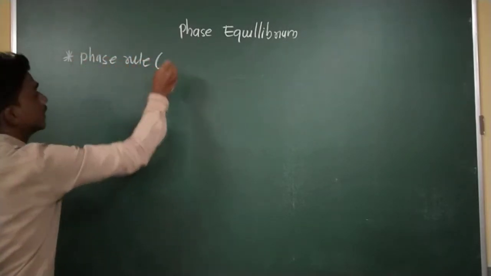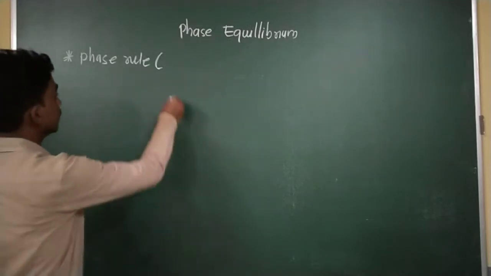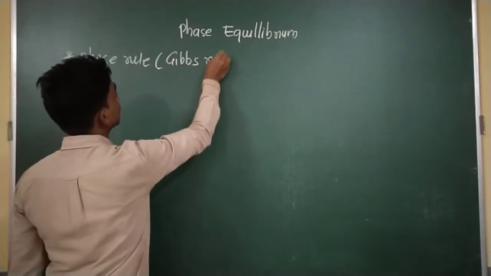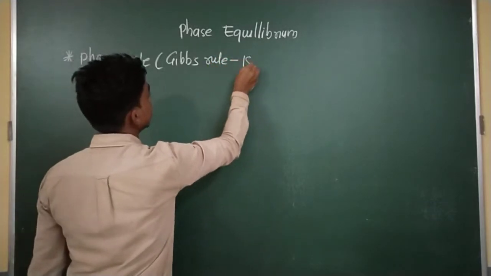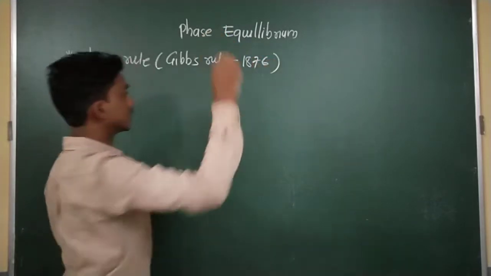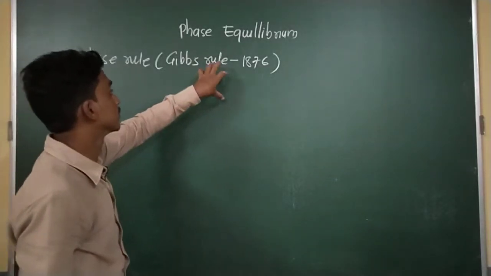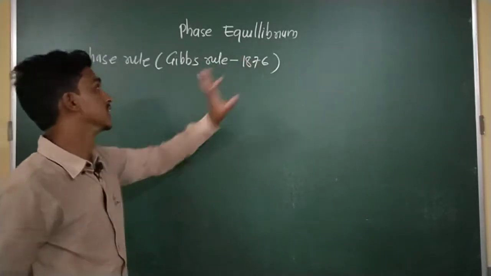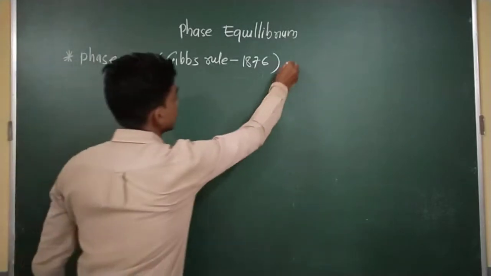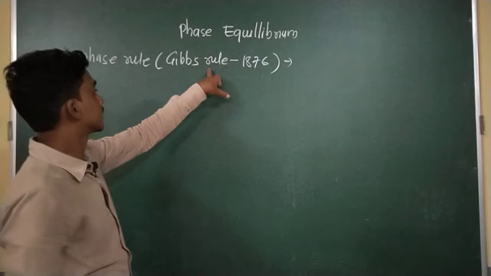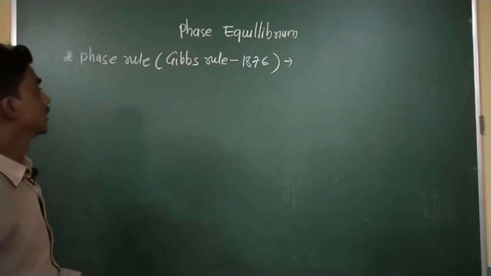So the next topic is phase rule. This is also known as the Gibbs rule, and the year of study of heterogeneous equilibrium systems was 1876.